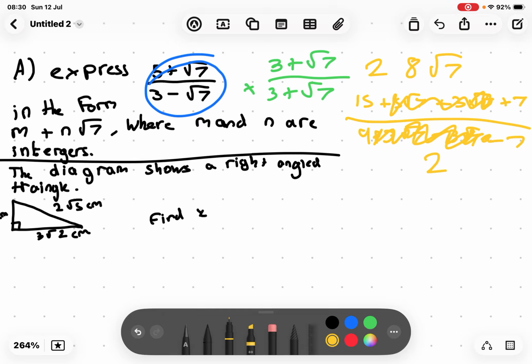And then 22 plus. And then we divide this by 2. 11 plus 4 root 7. And as you can see, we have the same exact thing that we have here. So n is 4 and n is 11.